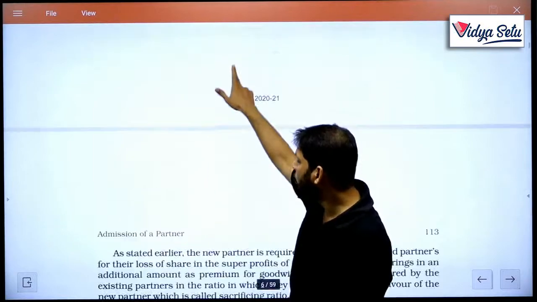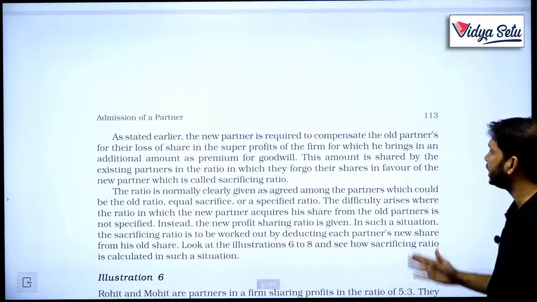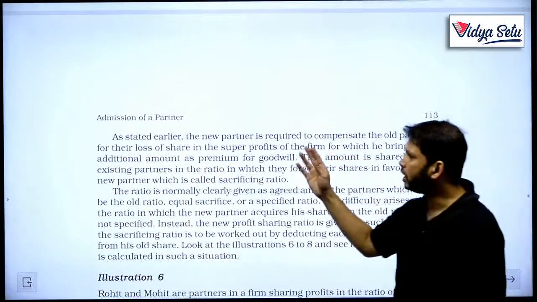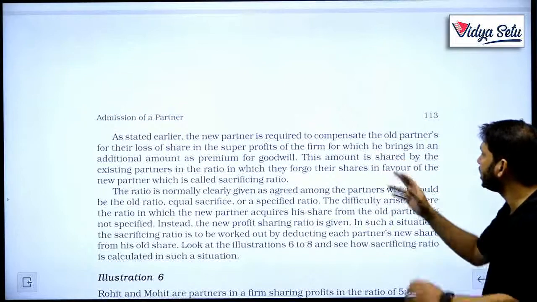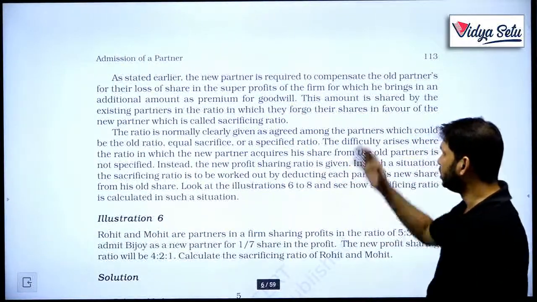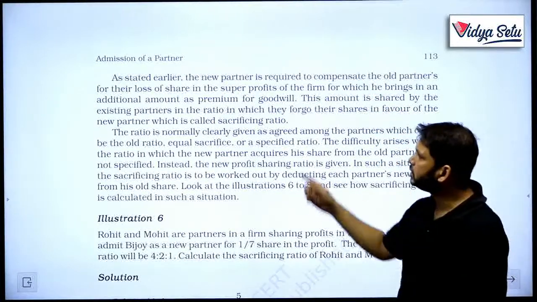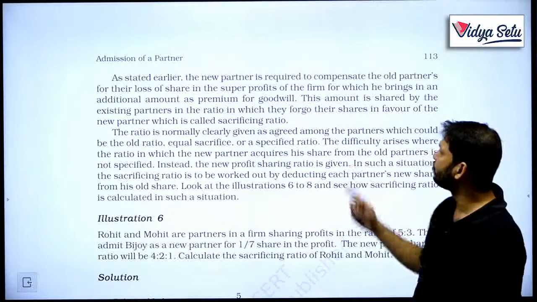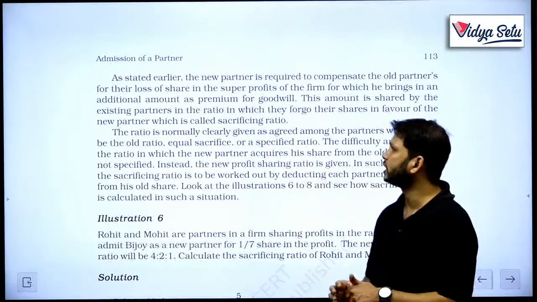As stated earlier, the new partner is required to compensate the old partners for the loss of share in the super profit of the firm, for which they bring an additional amount as premium for goodwill. This amount is shared by the existing partners in the ratio in which they forego their shares in favor of the new partner, which is called the sacrificing ratio.